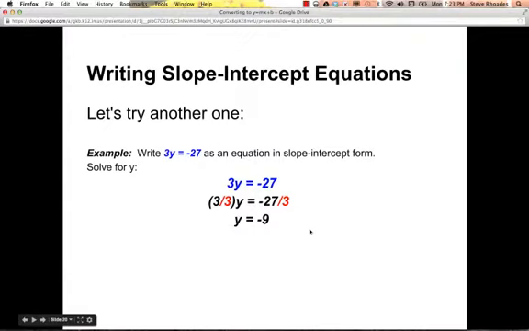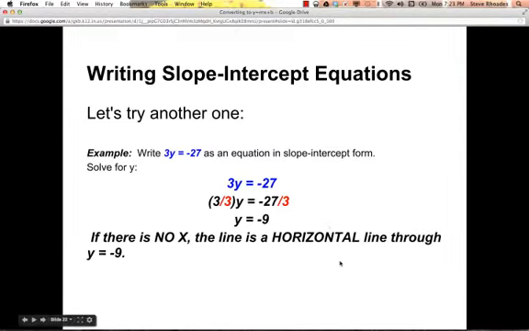Again, there's no x, so you have zero slope, and when you have zero slope, that is a horizontal line. So if there's no x in an equation that you're asked to rewrite, you automatically know that's a horizontal line. After you simplify the equation, that horizontal line will go through the point that you have, in this case, negative 9.